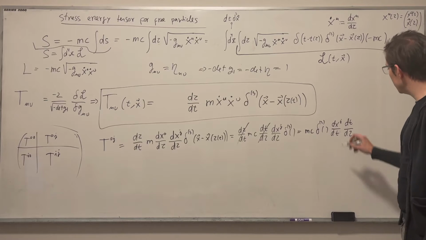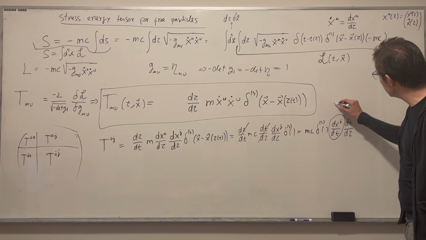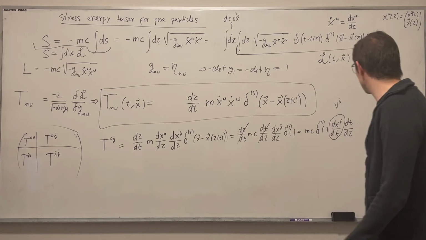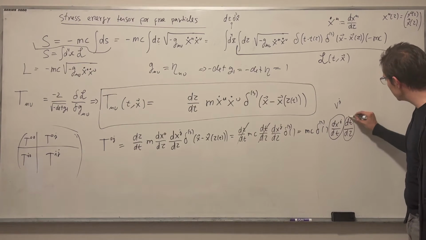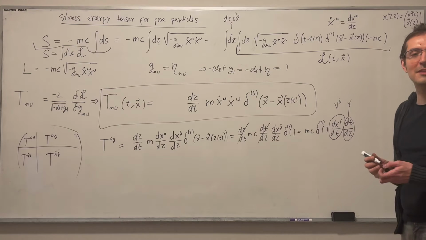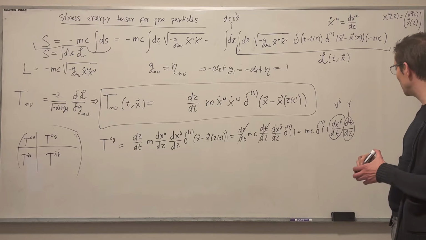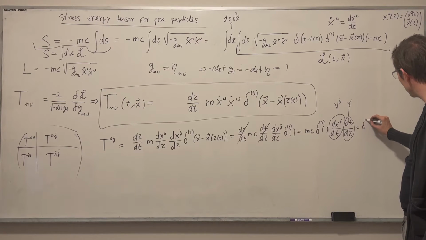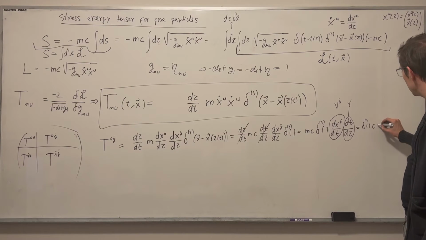But then this thing I recognize, this is the trivelocity component j, as seen from the frame t, x, the velocity of the particle. And this thing is the instantaneous gamma factor. Remember from the videos in special relativity, this is the gamma factor. So what we get in the end is the delta 3 with the arguments c m gamma Vj.